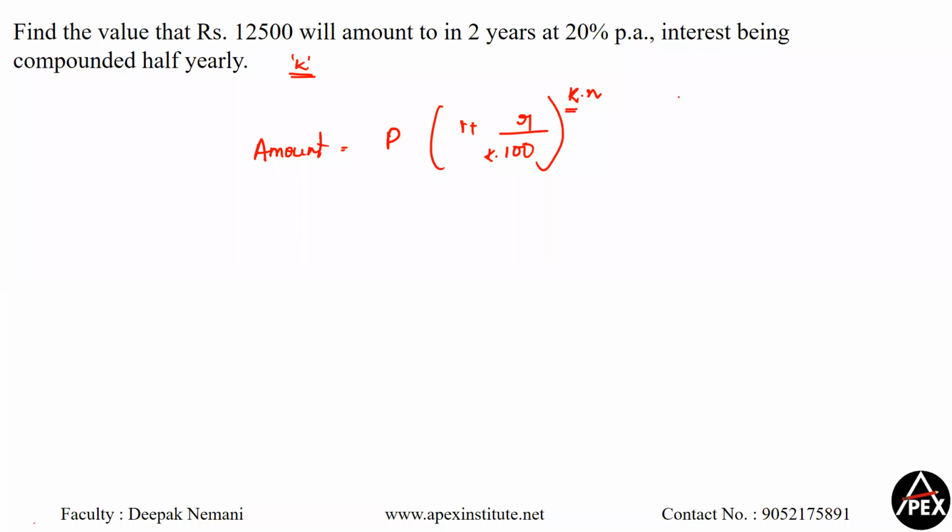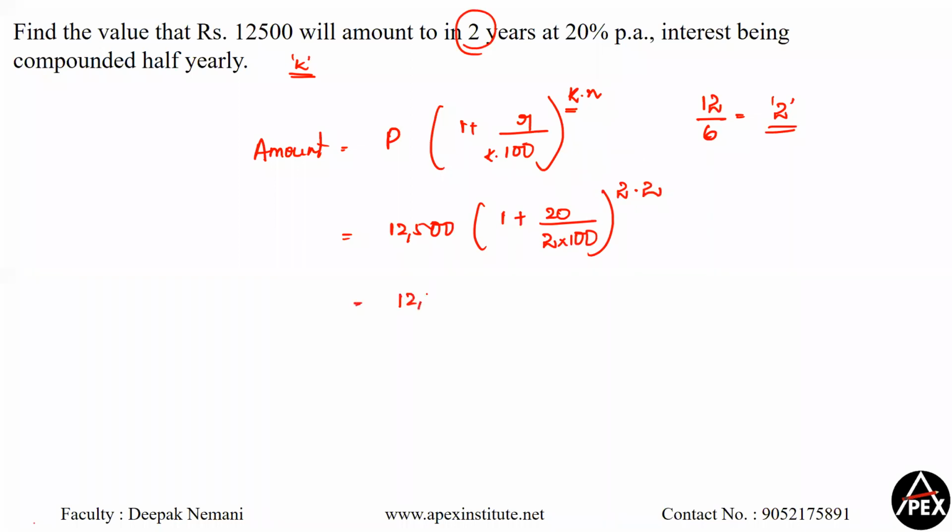Compounded half yearly means compounding every 6 months. So 12 divided by 6, it will get compounded twice in 1 year. So the value of K is 2. Just substitute the value of K here. P is 12,500 into 1 plus R is 20%, so 20 by 2 into 100. K is equal to 2 and n is 2 years, so 2 into 2.